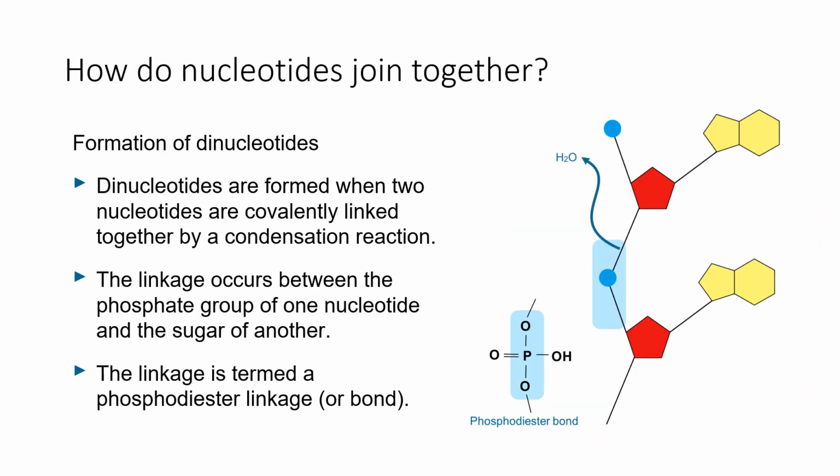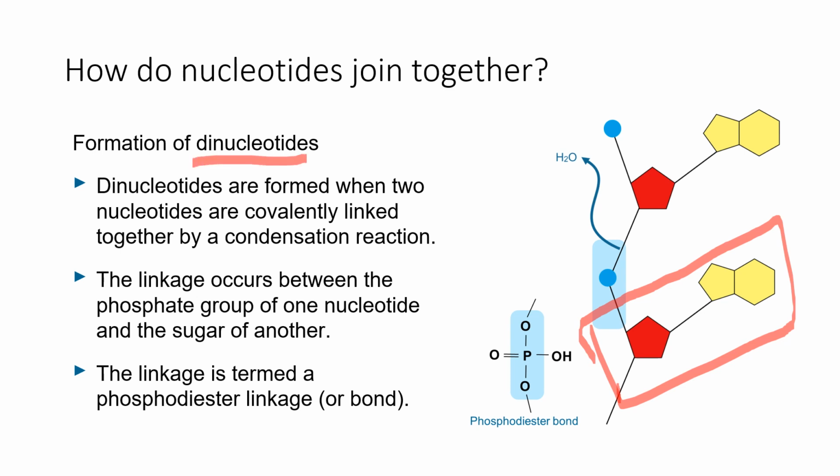So like I said, all right, we've got this sugar phosphate backbone here, and each individual nucleotide needs to be able to connect to the next one. Okay, so how do these connect? We call this a dinucleotide. Okay, so di just means two, so it just means two nucleotides attached together. If we were to keep going with this, we'd have another one.